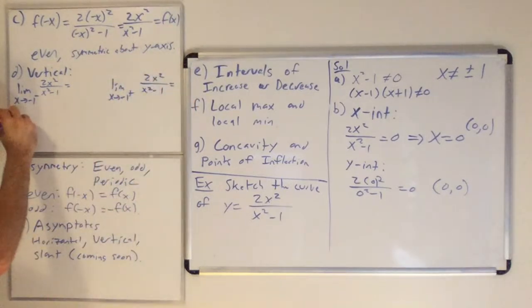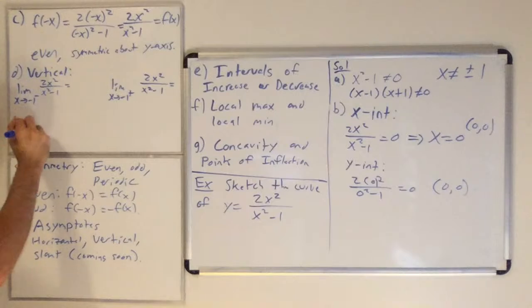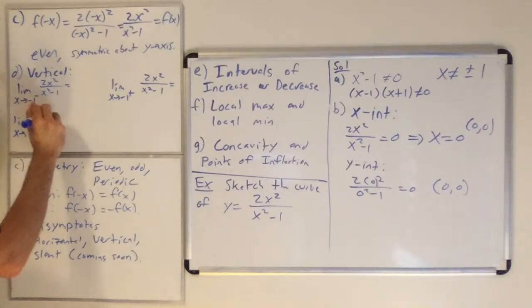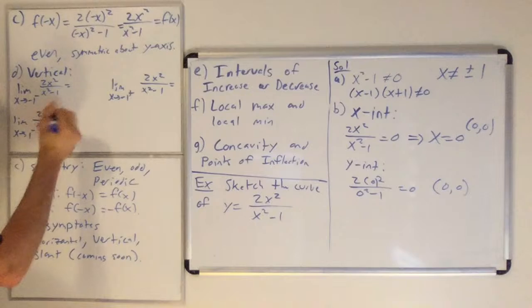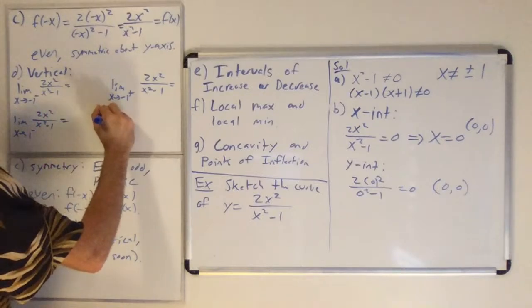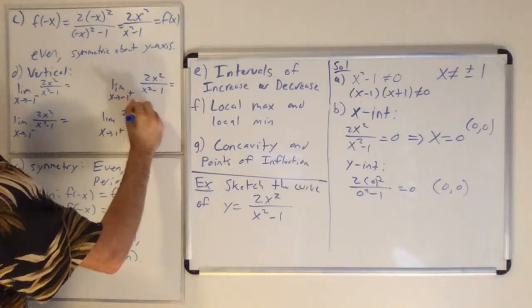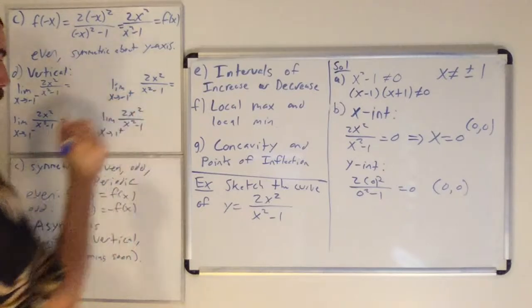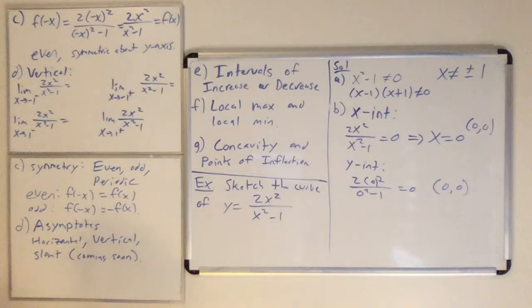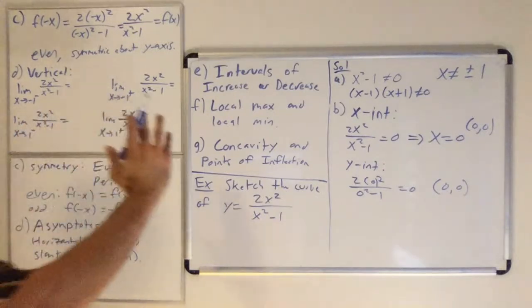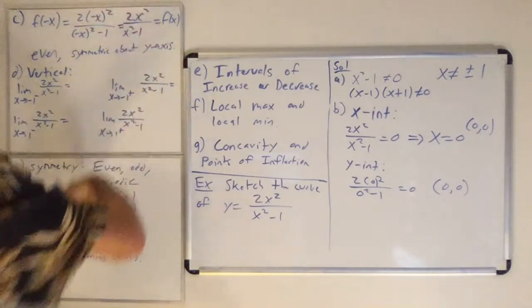The limit as x goes to +1 from the left. And the limit as x goes to +1 from the right. Because this will tell us if our curve goes up or down towards the asymptote.